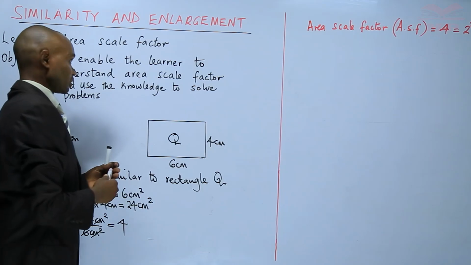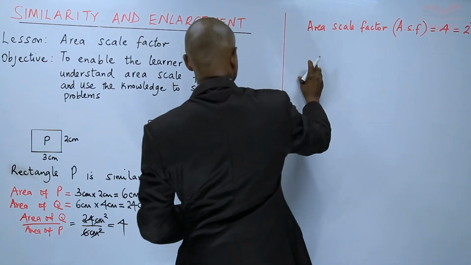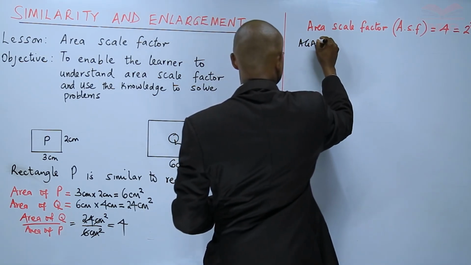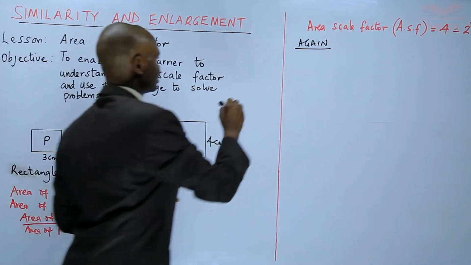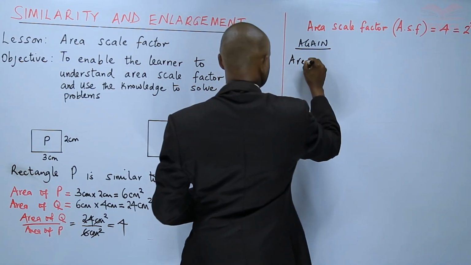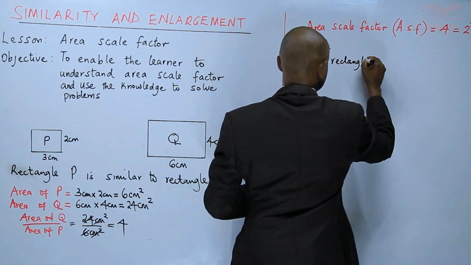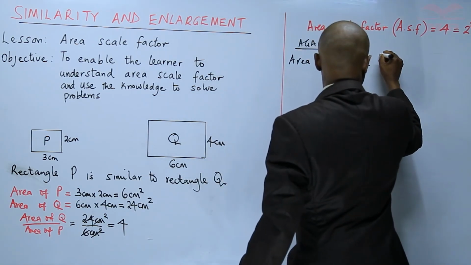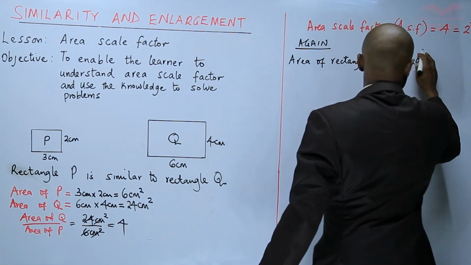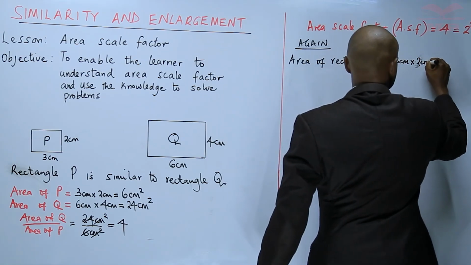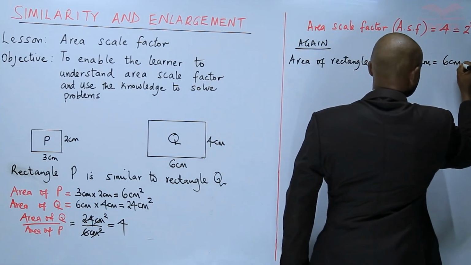Let's look at the two rectangles again. The area of rectangle P is equal to 3 centimeters times 2 centimeters, which gives us 6 square centimeters.